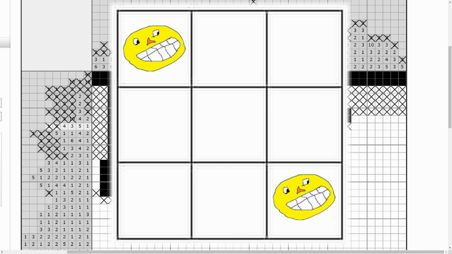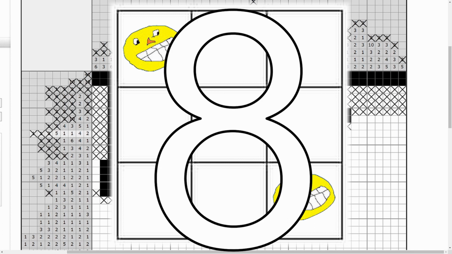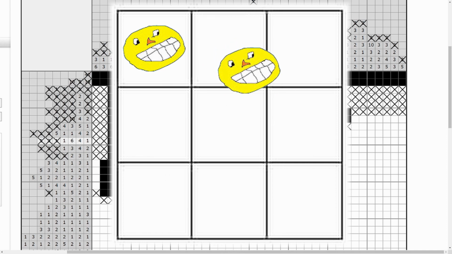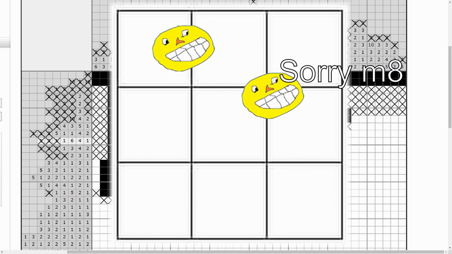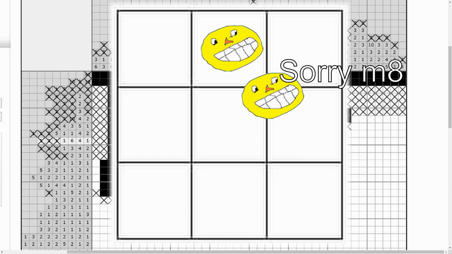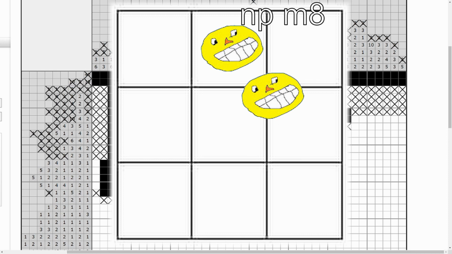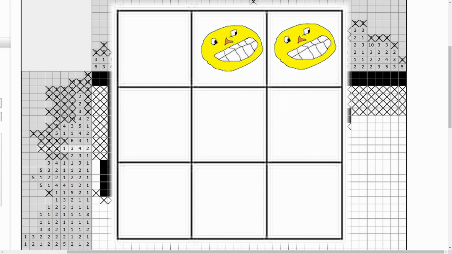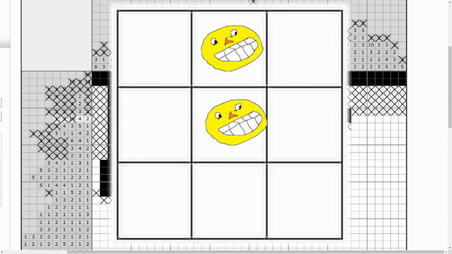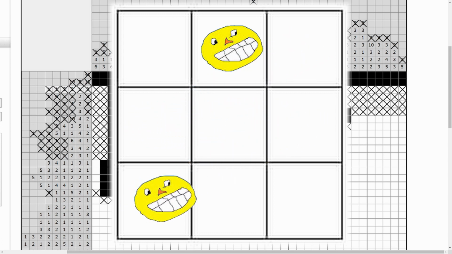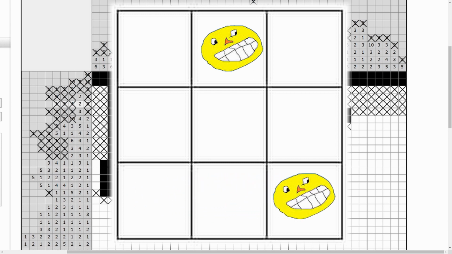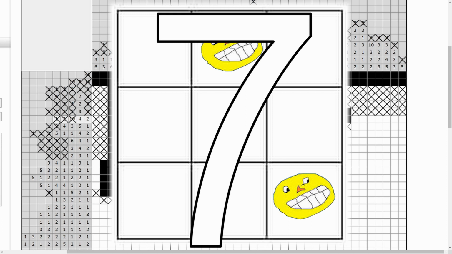And by doing that, we'll end up with 8 different configurations. And now what we must do is move the first one. So we'll move the first one to the second spot, and we'll move the second one to the third spot. And now we'll do the exact same again, moving the second one around the same way that we did with the first when there was only one square lit up, and we'll end up with 7 configurations.